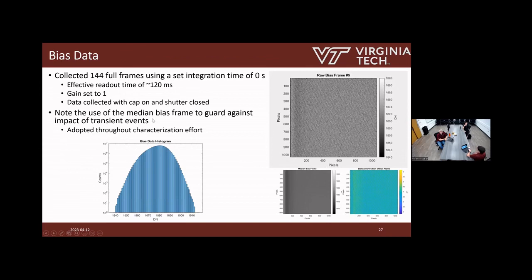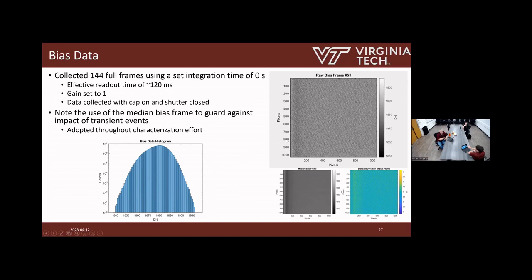The first is the bias data, and this is data that we collect just by setting an integration time of 0. So we're just immediately reading out that data. And now the dominant process that we expect to see is read noise. And that's largely what we get. We can see that in this bias histogram here.